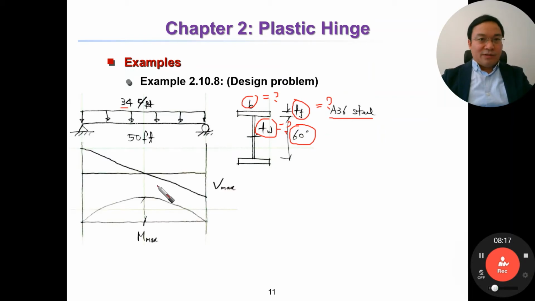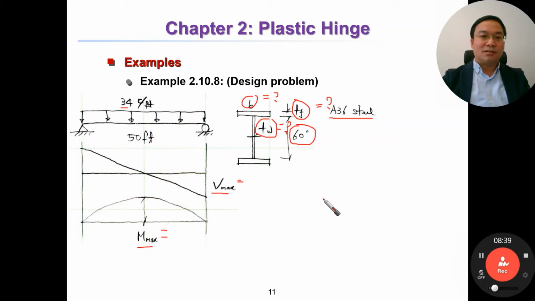It's very simple to determine the shear diagram and moment diagram, and you can also determine this value very easily, right? So let's say here equal to 34 multiplied by 50 squared over 8.